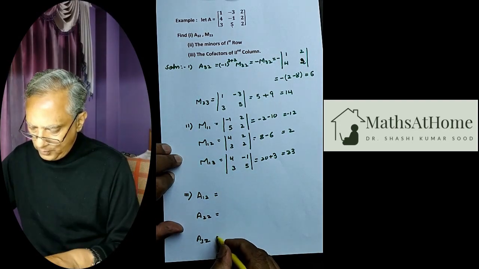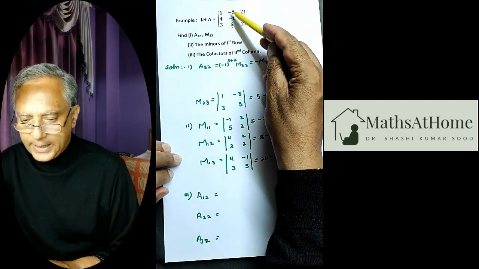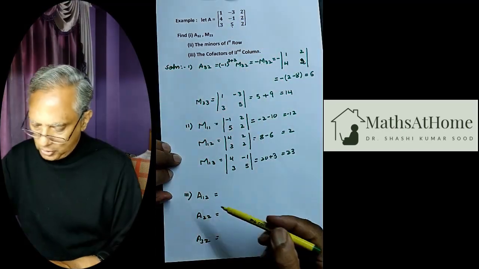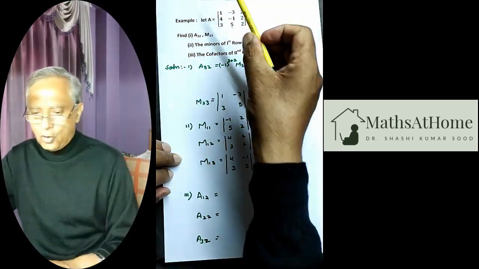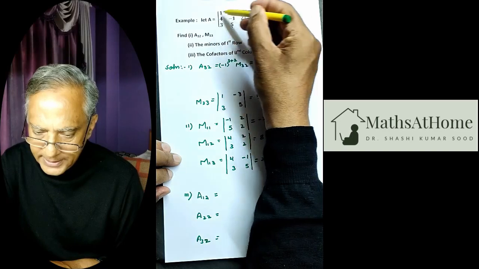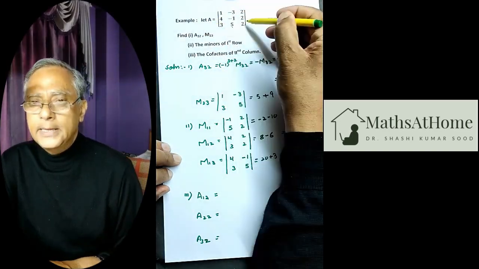Now what we see here is that we have to find the cofactors of the second column. So the column remains fixed, 2, 2, 2, and the row is varying. This entry is in the first row, this in the second row, this in the third row.